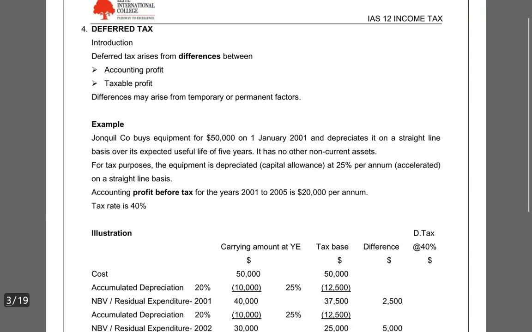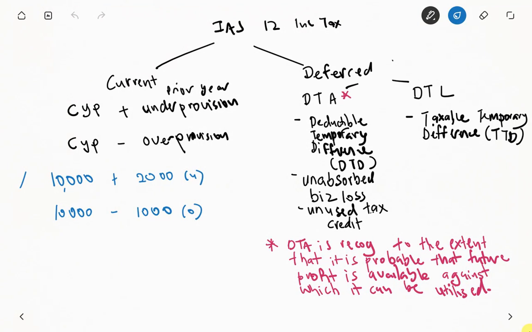Now deferred tax. Before that, we try to familiarize with the terms. For deferred tax, we may have deferred tax asset, we may have deferred tax liability, DTA, DTL. So when do we have deferred tax liability? Liability means we're going to pay tax in the future. So we must do something now: we recognize liability now.